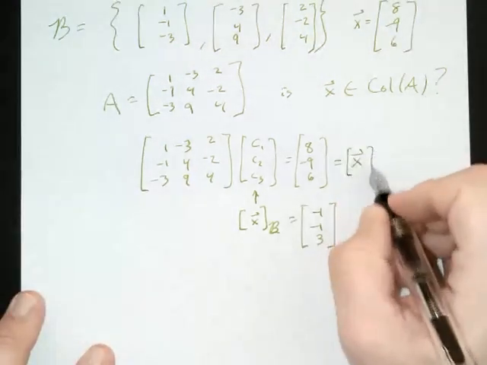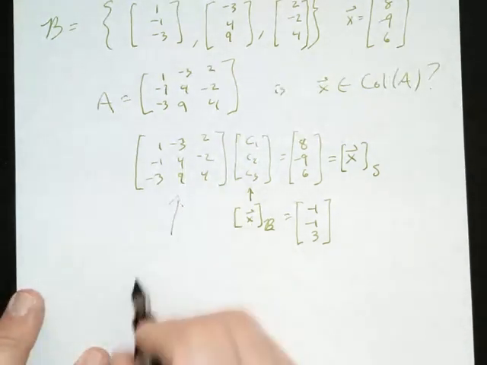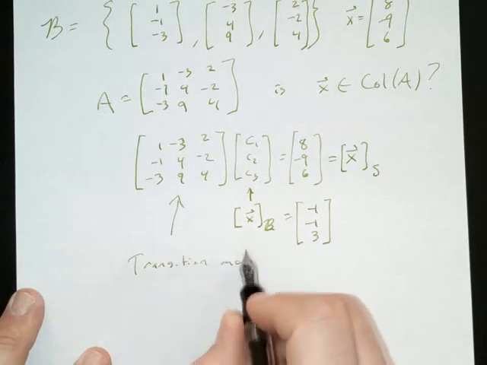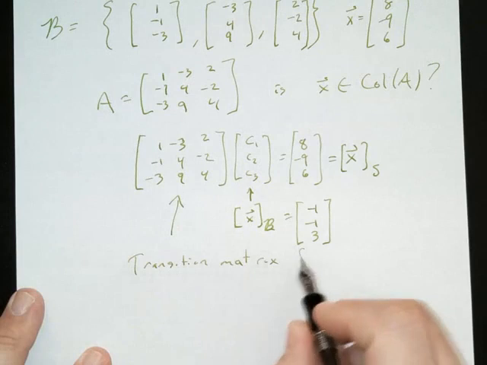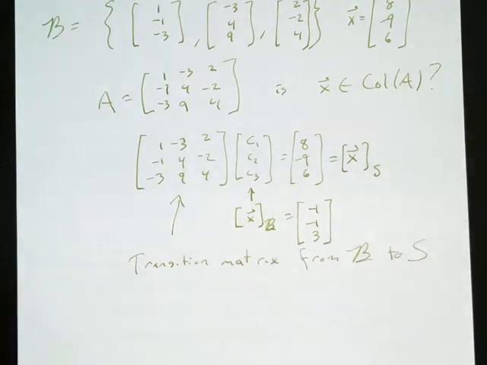Let's even write that in terms of the standard basis, S. Oh, I took a vector in B terms, and I got out a vector in S terms when I multiplied. So I am going to call this the transition matrix from B to S.